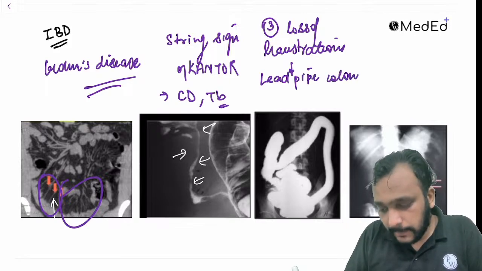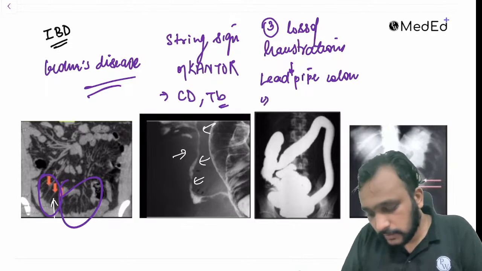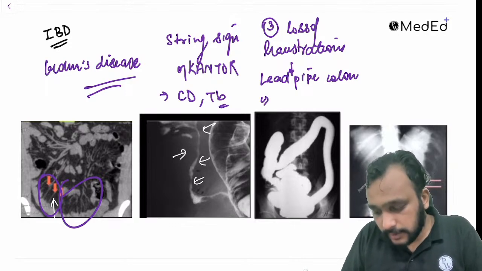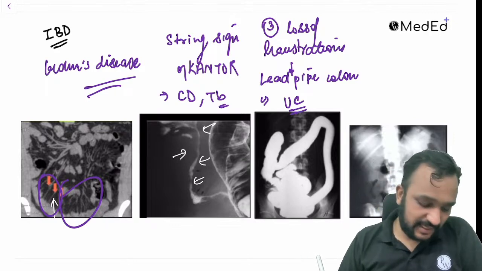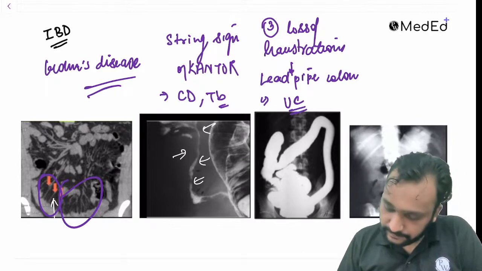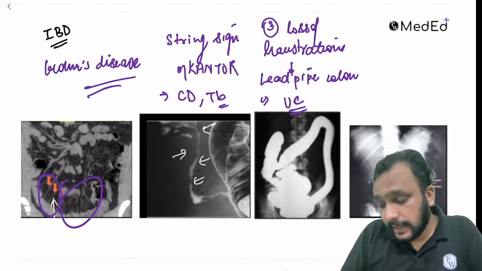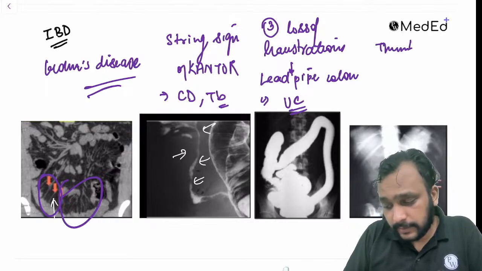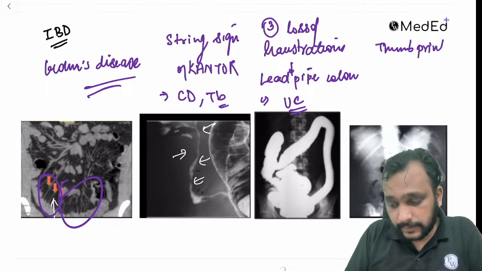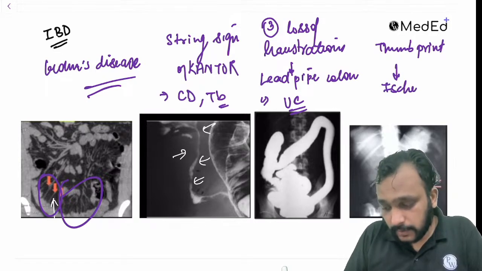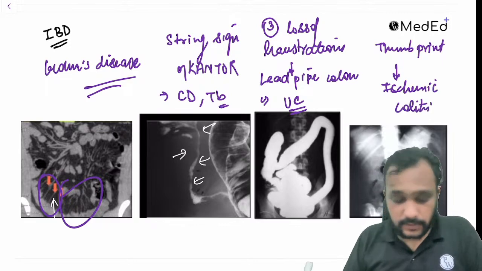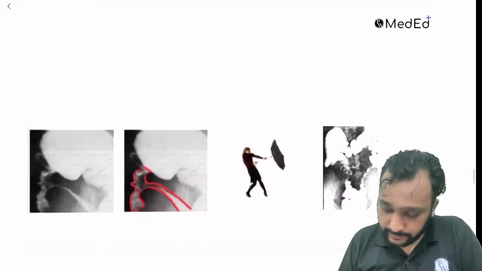And this lead pipe colon is seen in patients with ulcerative colitis, right? And the last image, this is the thumbprint sign, that is seen in patients with ischemic colitis. You're going to get this thumbprint sign, right?